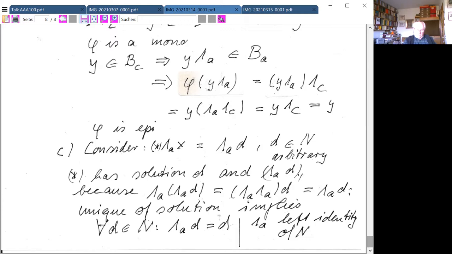So we have equality, 1_A·d is equal to d, and 1_A is a left identity of N.